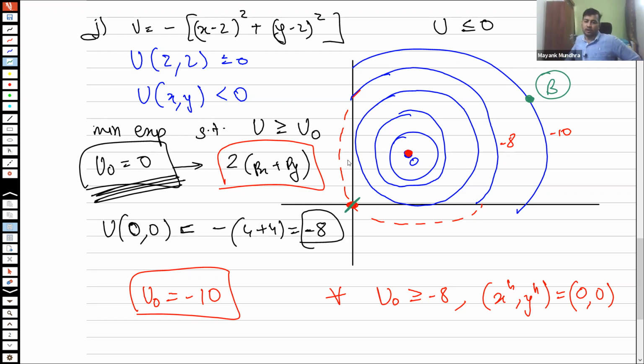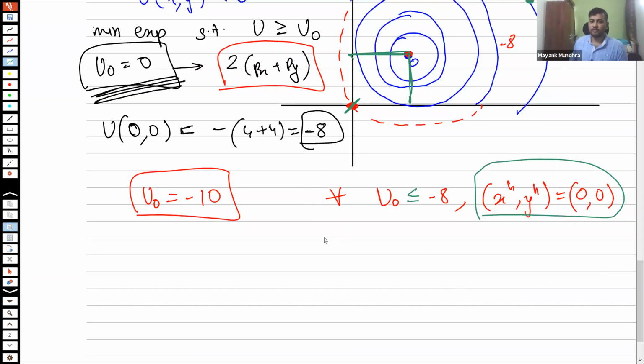Okay, so for any utility level lower than or equal to -8, the ideal bundle is going to be 0 comma 0. Now, this is the box in which I will have a utility level between -8 and 0.